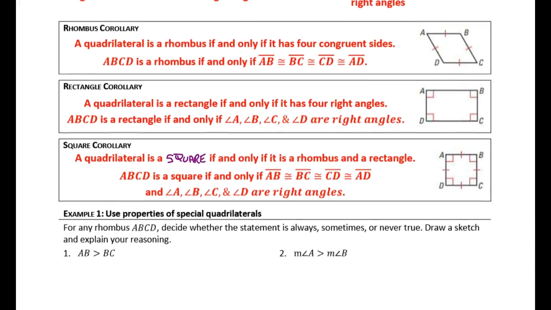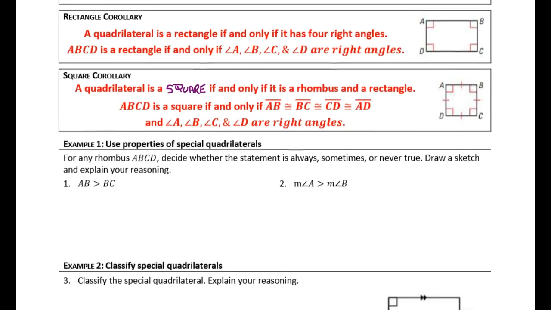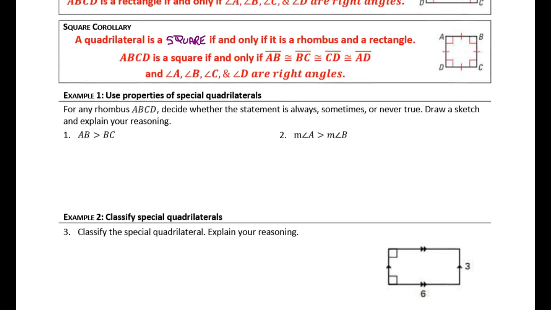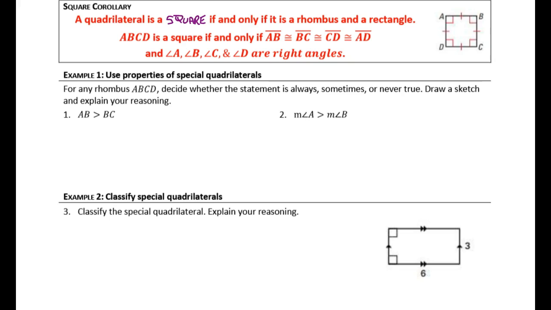So let's look at example 1. For any rhombus, we need to decide if this statement is always, sometimes, or never true, and then we need to draw a sketch and explain our reasoning. So I've got AB is greater than BC.